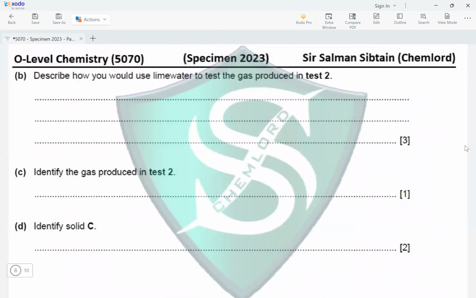Part B. Describe how you would use lime water test to test the gas produced in test 2. So it's a 3 mark question. So we need to have this described in detail.